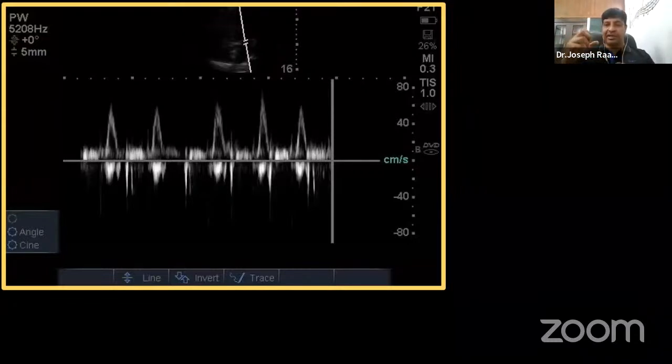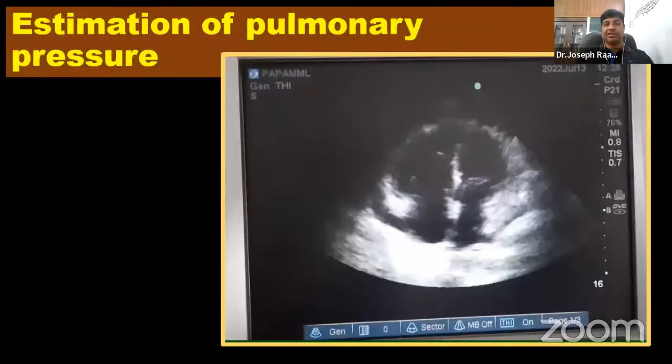So when this atrial contraction is lost, what happens? The second wave, that is the active A wave, is not produced. So when you do a mitral inflow pattern study, and if you see only one wave and it is irregular, then you know that we are dealing with a patient of mitral stenosis along with atrial fibrillation. Okay, so that will tell you whether this patient has atrial fibrillation or not.